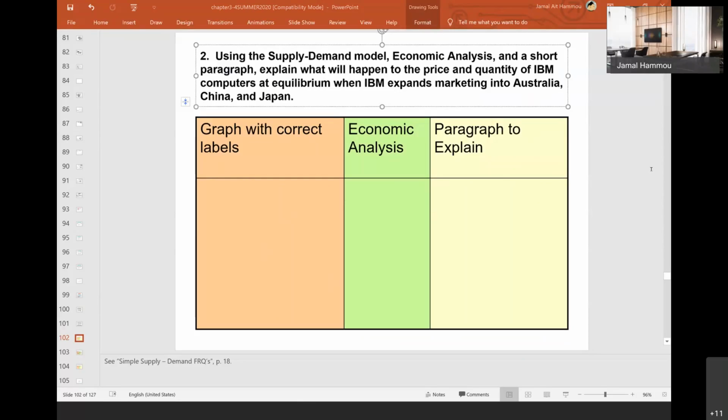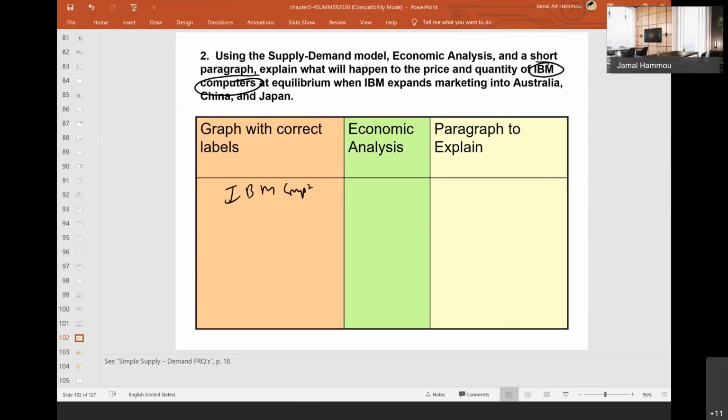We have to be careful with that. It says IBM computers, so that's very important. Some people say computers, some people say IBM. No, it is IBM computers. That's specific.